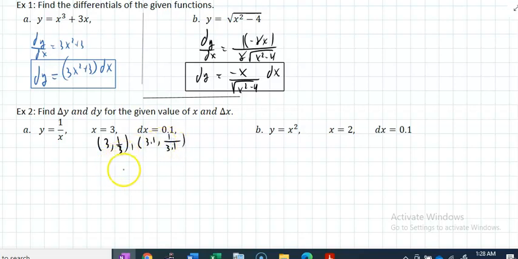So the actual change in y would be 1 over 3.1 minus 1 over 3. The actual change, the exact change in y would be negative 3.01075.